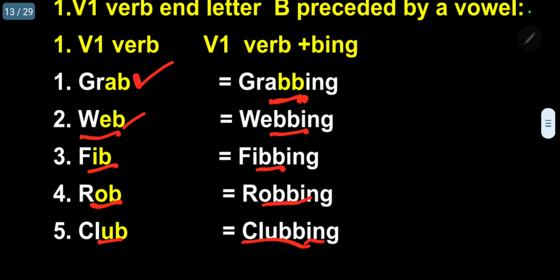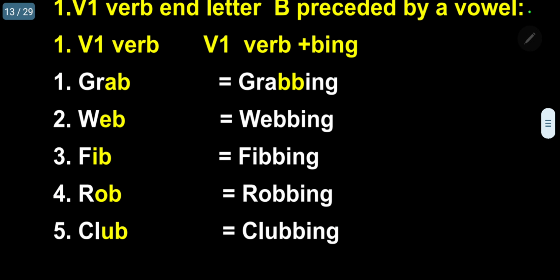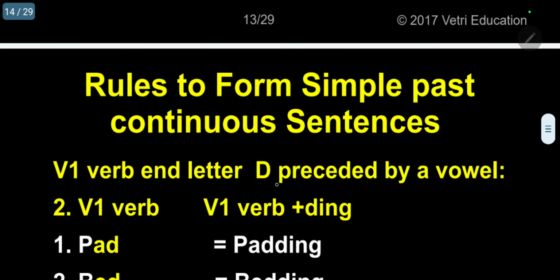I am always giving five because the vowels are A, E, I, O, U. I am taking it in such a way that in all the cases it comes like that. That's why I am taking the V1 verbs basically in this order: A, E, I, O, U. The next I will go for another example.